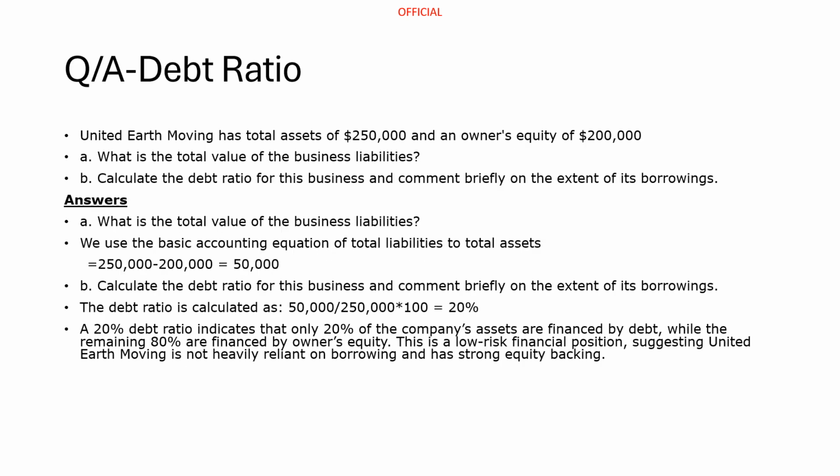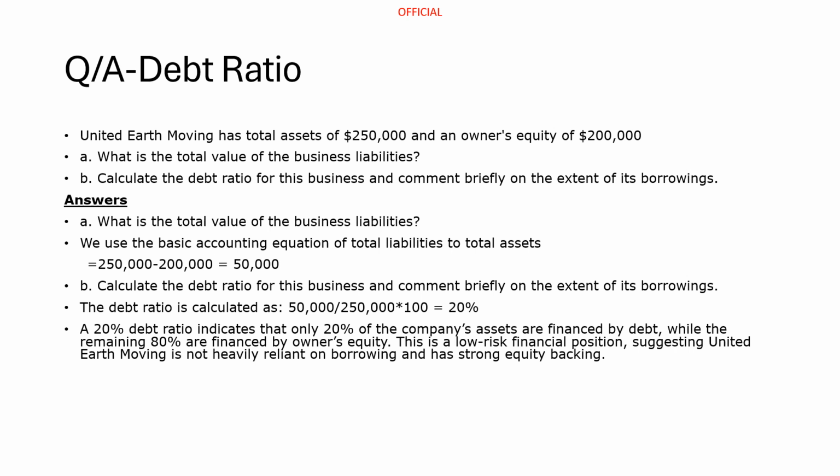So this question is about the debt ratio. The question is, United Earth Moving has total assets of $250,000 and owner's equity of $200,000, meaning its total liabilities are $50,000. 250,000 minus 200,000 is equal to 50,000 in total liabilities. Calculate the debt ratio for this business.